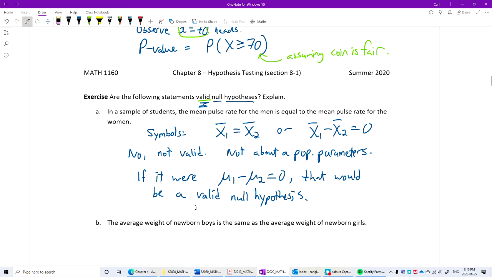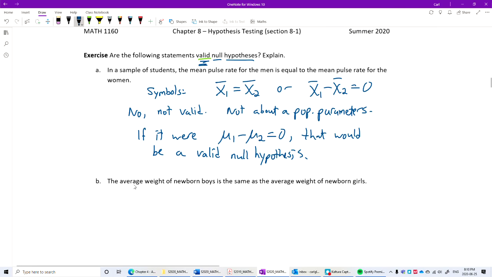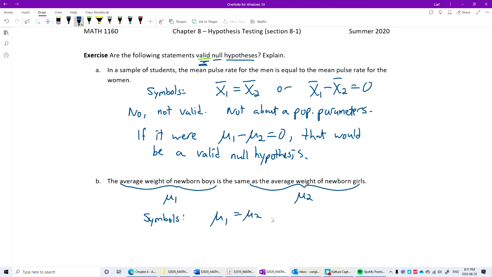Okay, let's try this one. The average weight of newborn boys is the same as the average weight of newborn girls. This is not saying it for a sample, it's saying it for all of them, right? So the average weight for newborn boys is the same as the average weight for newborn girls. In symbols, that's mu1 equals mu2. And that is valid. We could put it in the form mu1 minus mu2 equals 0.